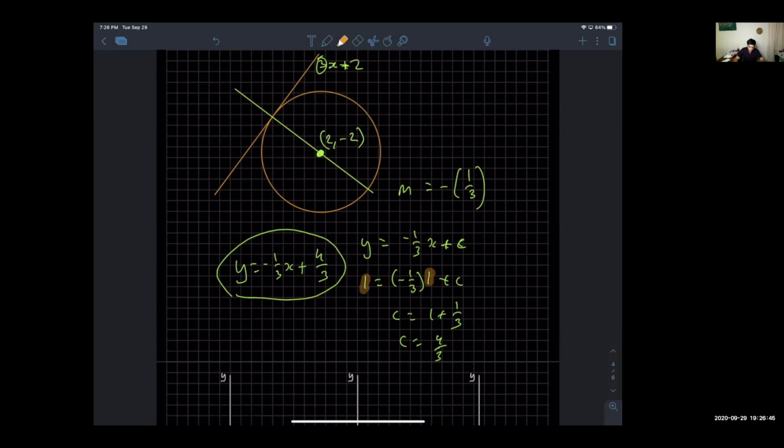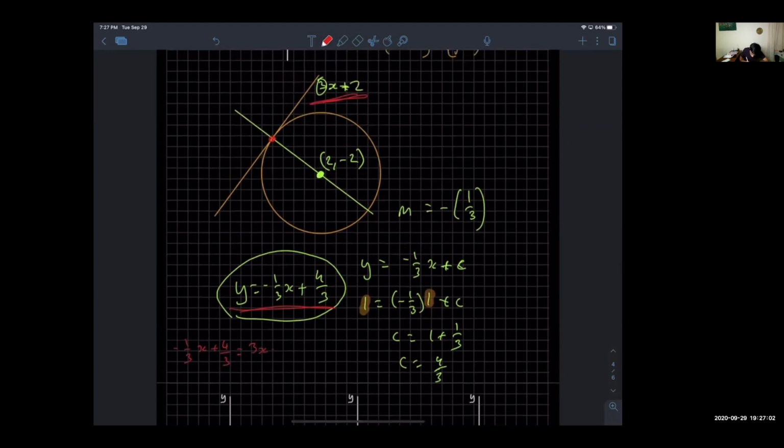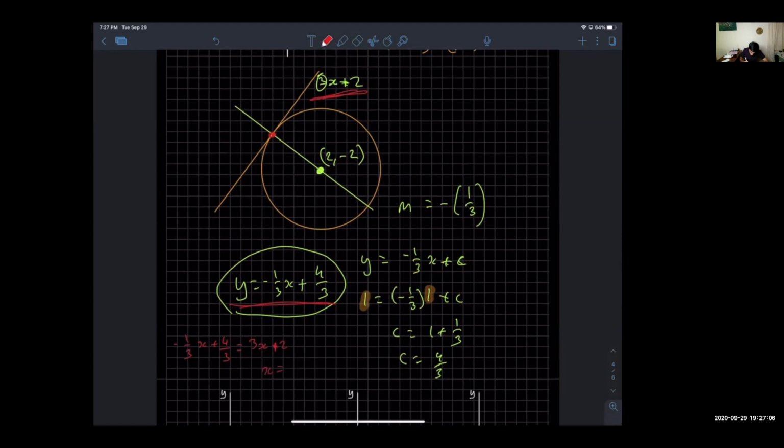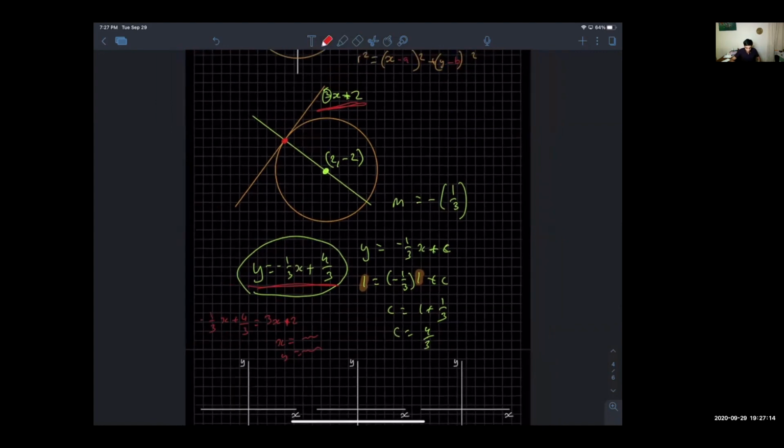And then what you can do is calculate this intersection here by equating this equation and this equation. What that would look like is -1 over 3x plus 4 over 3 is equal to 3x plus 2. You can solve this for x, then plug it back in and solve for y. This is how you can find this point of intersection. I just went over the theory here.